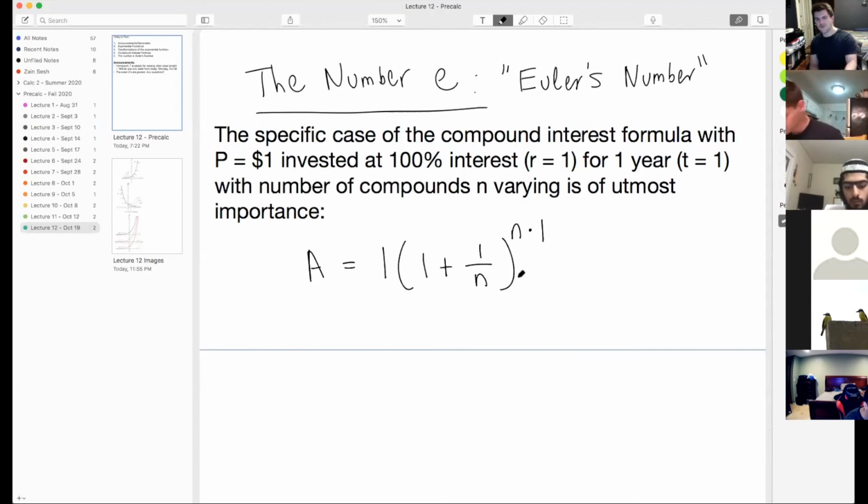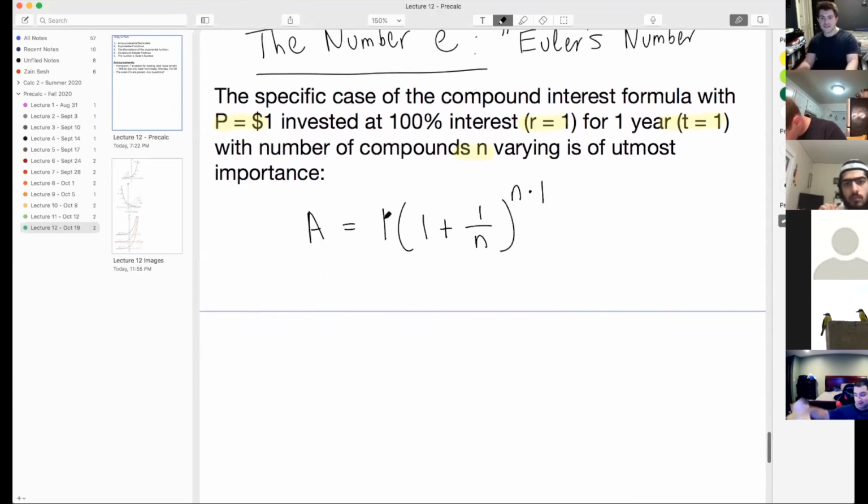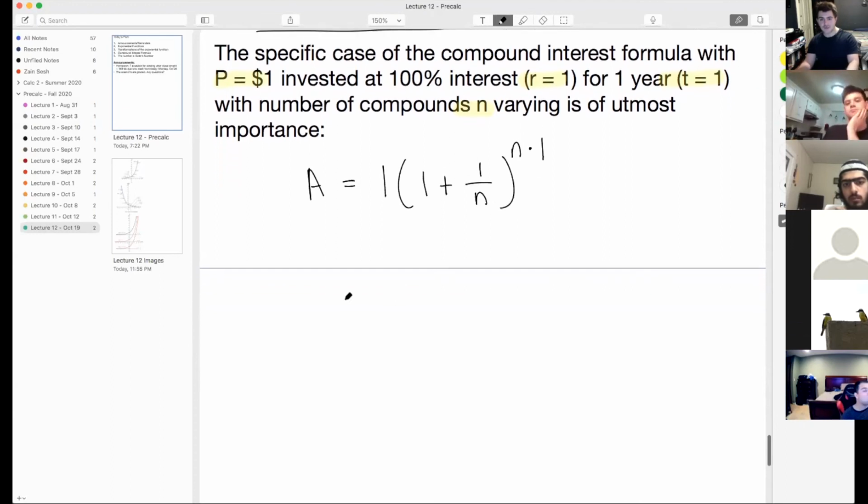I hope everyone can see this is a specific case of the compound interest formula with these parameters. R is 1, T is 1, P is 1, and we're letting the number of compounds stay as a variable. That will be N. And of course, I don't need this 1 times out front and the N times 1.